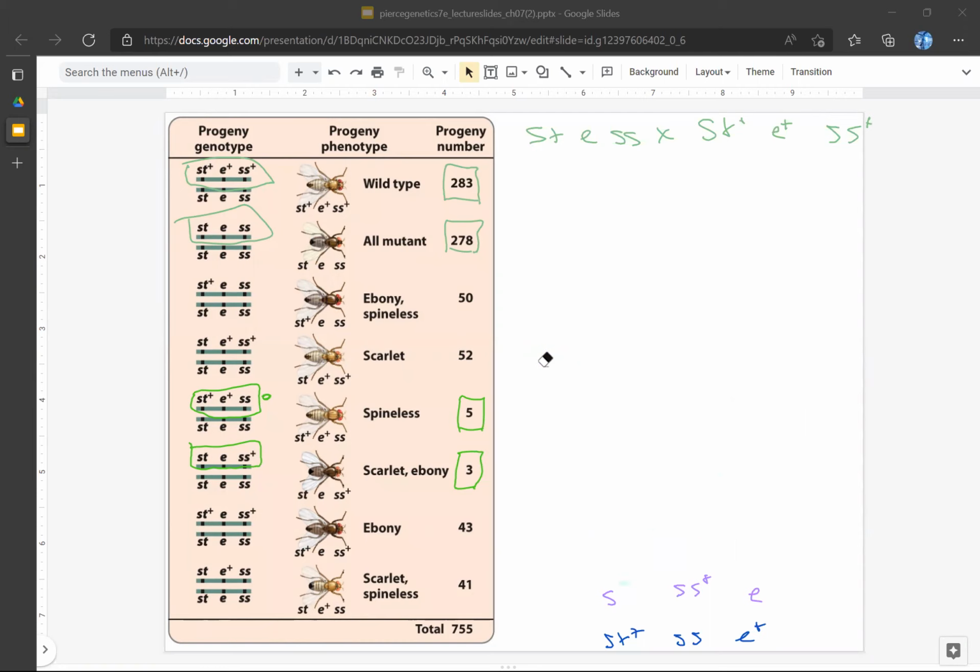SS is the gene that in reality, on the actual chromosome, is in between, I always forget to do that, is in between the ST gene locus, excuse me, and the E gene locus. So we can even rewrite it.